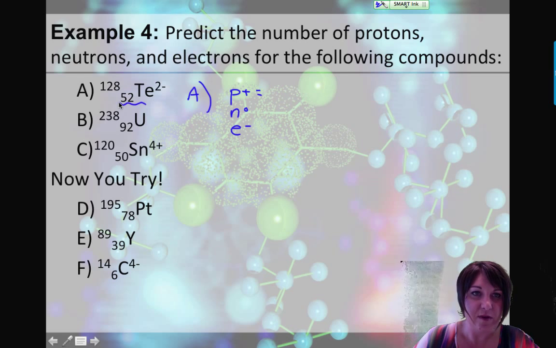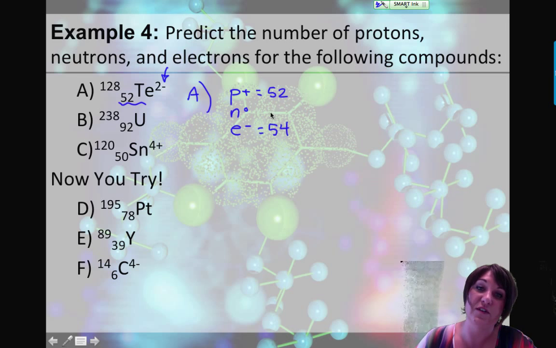We look at this bottom number, and we see the protons are 52. Now I'm going to skip down to electrons because that's the next easiest thing to do. Protons are normally equal to electrons, but this 2 negative charge tells me I have 2 more electrons than normal because negative charges come from electrons. So I'm going to call this electrons 54 instead of 52.